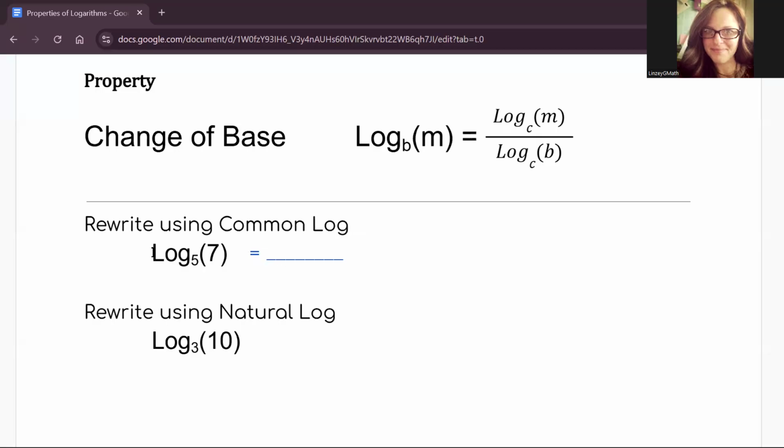Let's rewrite log base 5 of 7 using common log. So we get log of 7, the original argument, over log of the original base 5. And log base 3 of 10 written using natural log is natural log of 10 over natural log of 3.